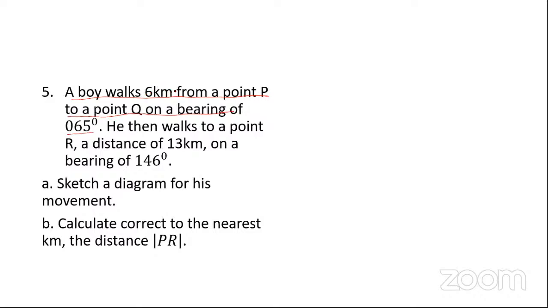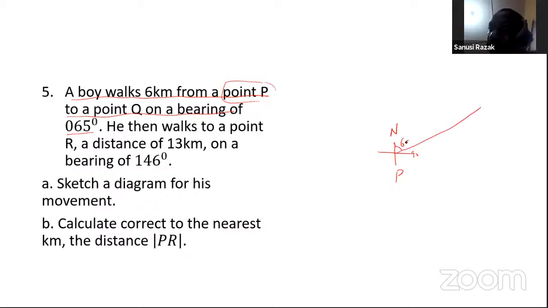A boy walks 6 kilometers from a point P. This is what we are after, from a point P. So come to the middle here, pick point P. Let this be point P. So from a point P on the bearing of 065 degrees, 65 is before 90. So it can end here. This is 65.